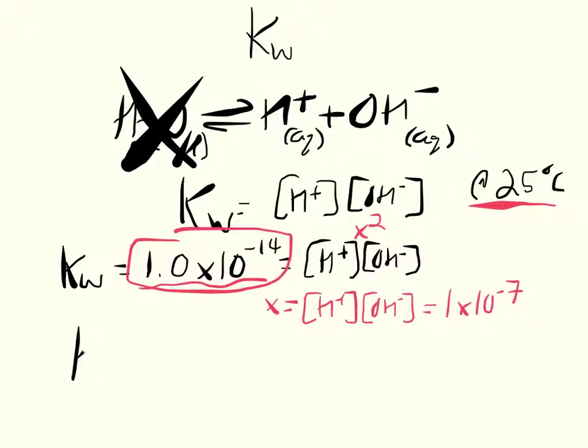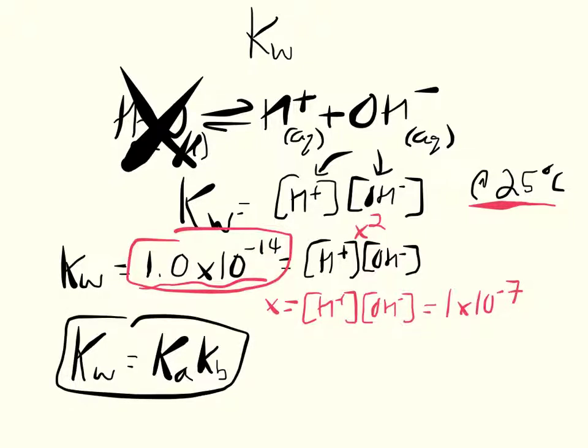The last relationship that's special about Kw, since this takes into account acid and base concentration, we can also take into account Ka and Kb values. So in fact, Kw is always equal to the Ka times the Kb of a compound. So if you know the Ka of an acid, HA, it dissociates into H plus and A minus.